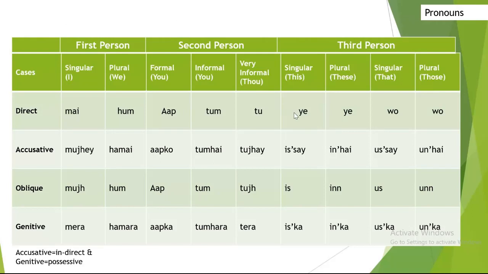Let's say this is my pen. ये मेरा कलम है. These are my pens. ये मेरे कलम है.